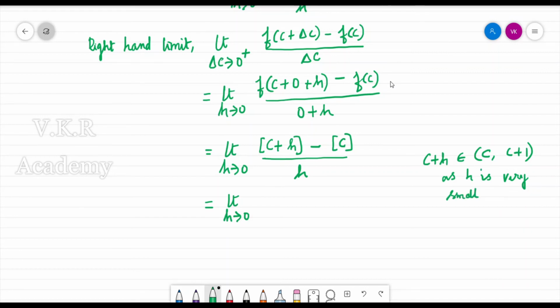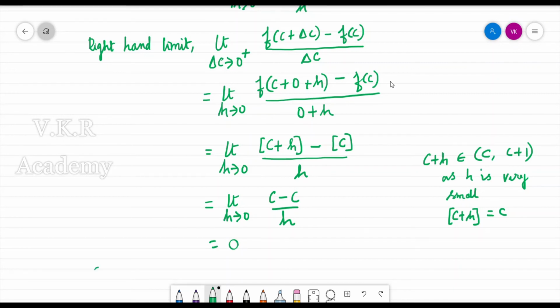Therefore, the greatest integer function of c plus h is equal to c, c being an integer. Therefore, it is c minus c by h, that is equal to 0.